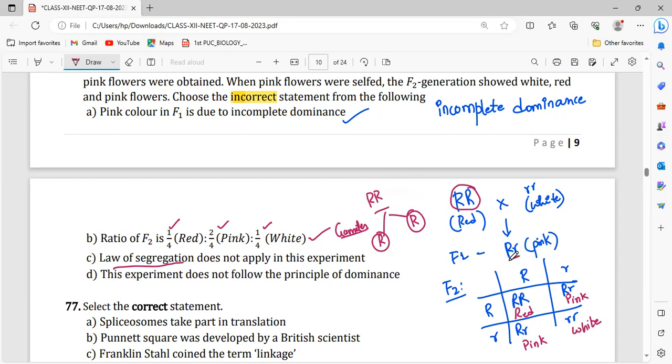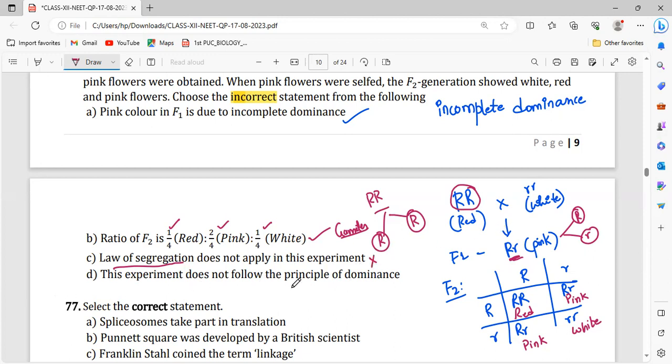If we take the heterozygous condition, the gametes will be capital R and small r. That means they are separating. Only if they are separating can they undergo sexual reproduction. So this law of segregation is applicable. So the statement is wrong.